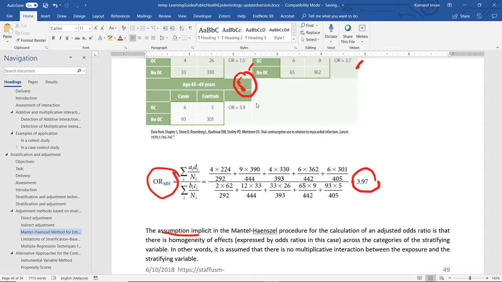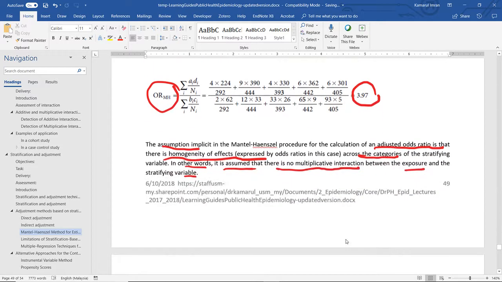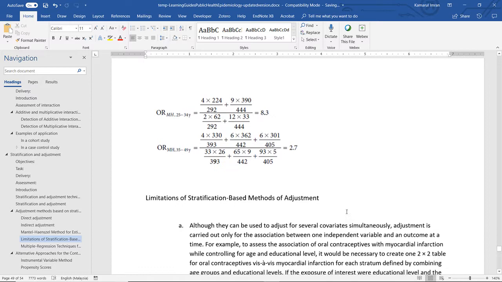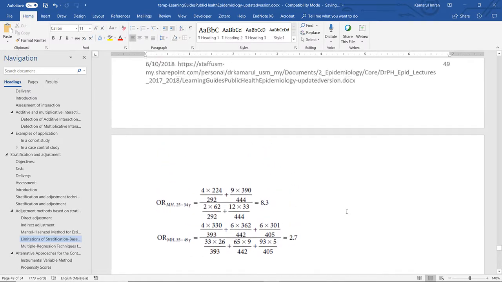The assumption for the adjusted odds ratio is that there is homogeneity of effects across the categories, right? In other words, it is assumed that there is no multiplicative interaction between the exposure and the stratifying variable. The odds ratio for each stratum should be almost similar to 3.97, but in this case it is not.